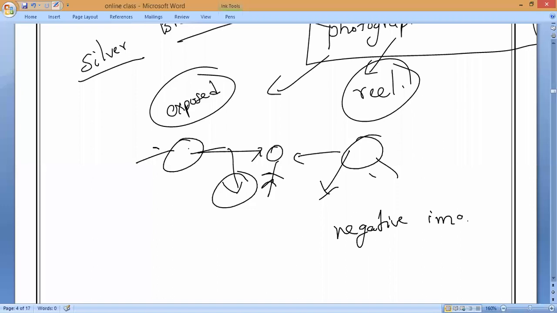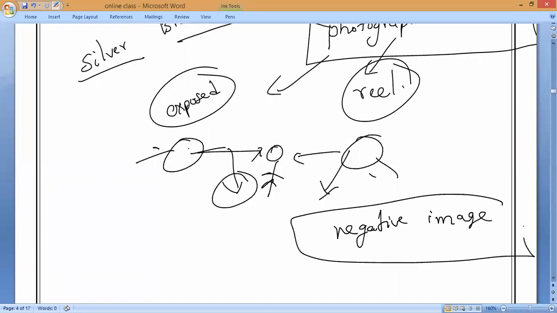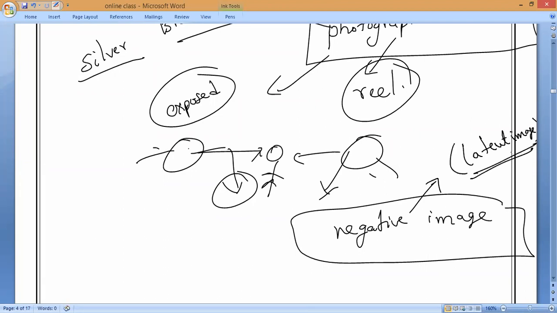Do you understand? So the negative image, later with some process, we get the photographs. So this is called a negative copy, or negative image, or latent image. What we used to call? Latent image. You might already have some experience. A small photo reel will be like this. In movies you can see that.